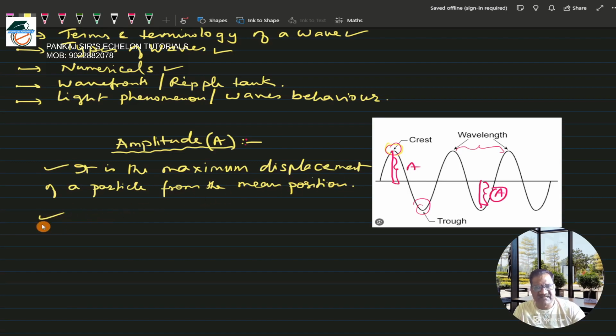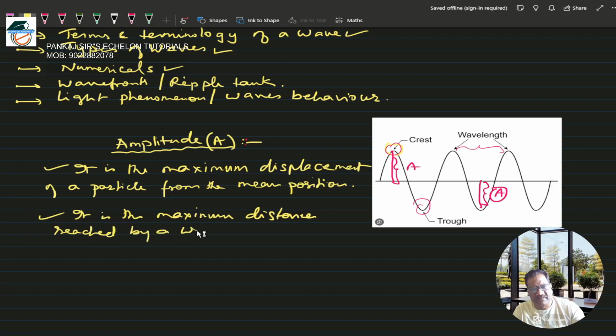The second says that amplitude is the maximum distance reached by a wave peak from the undisturbed state of the wave.